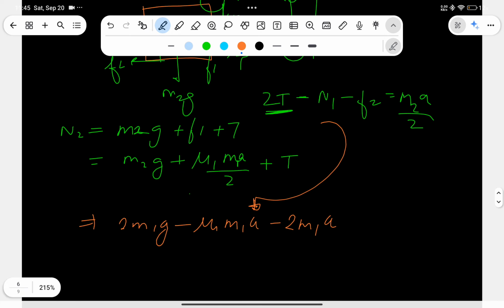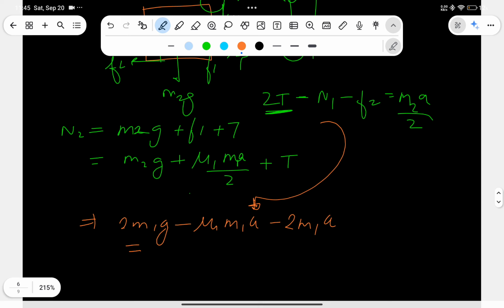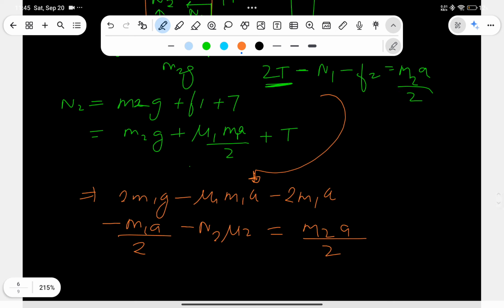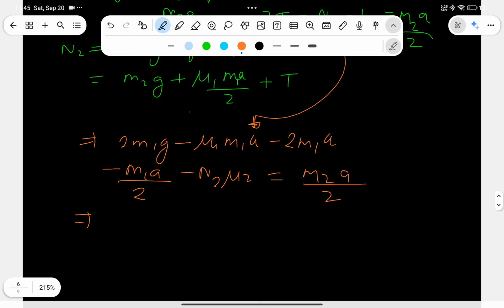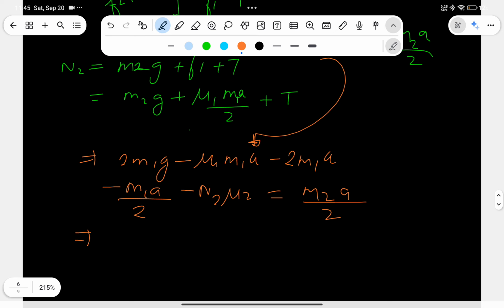Now this is the thing, and then further we have, no, not equal to, minus n1, which is m1a by 2, we have seen it, minus f2 will be what? F2 will be n2 into mu2, we'll see afterwards, is equal to m2a by 2.